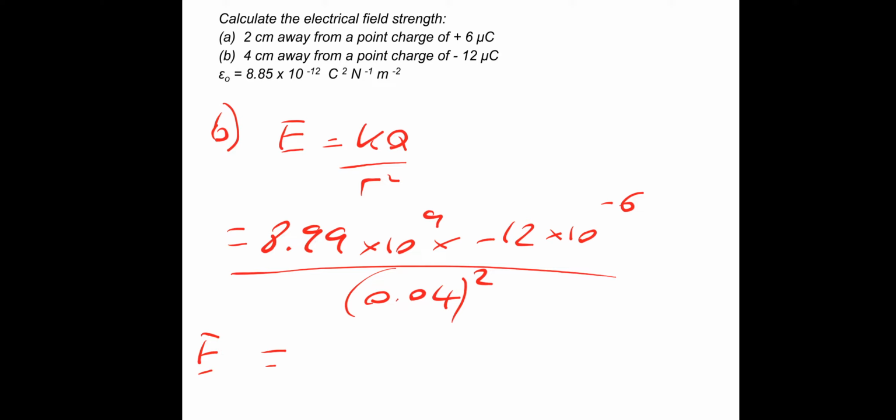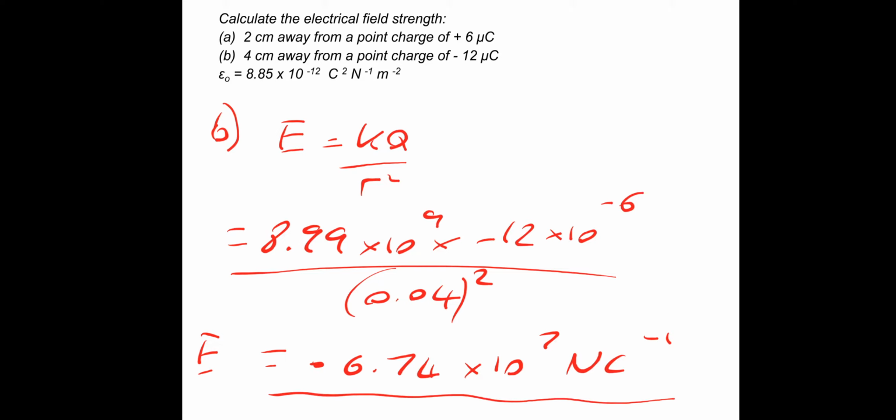So that gives an electric field strength of minus 6.74 times 10 to the power of 7 newtons per coulomb.